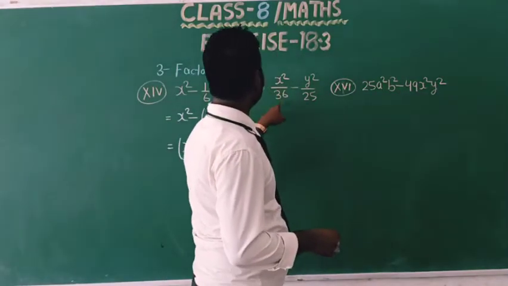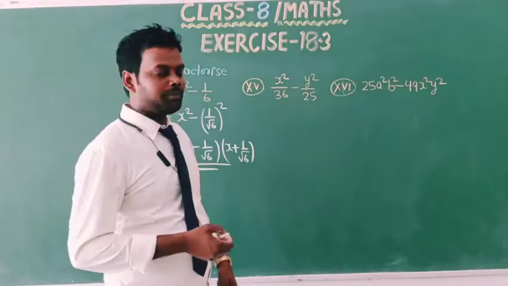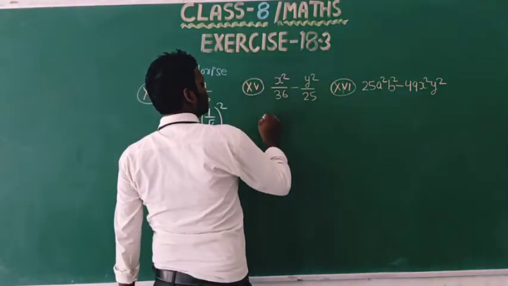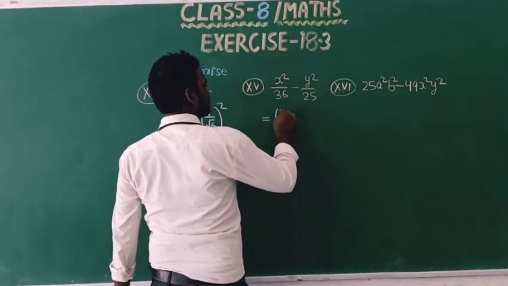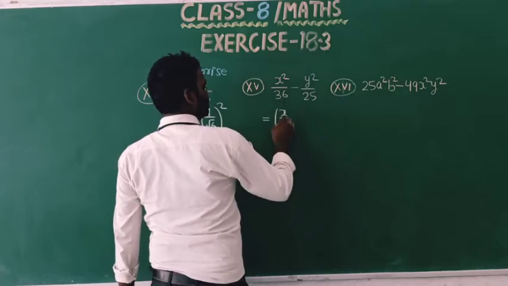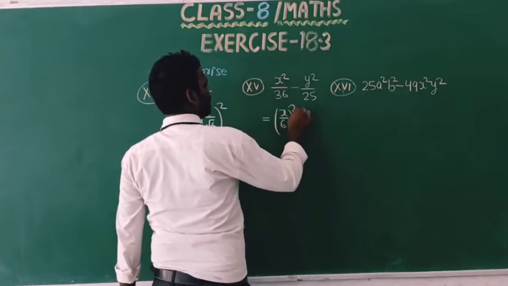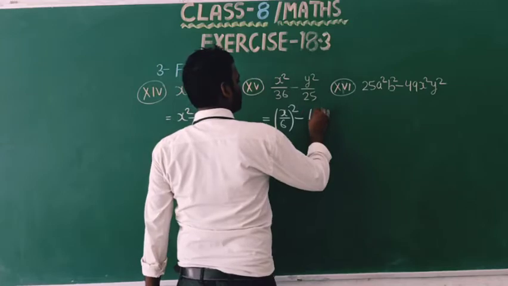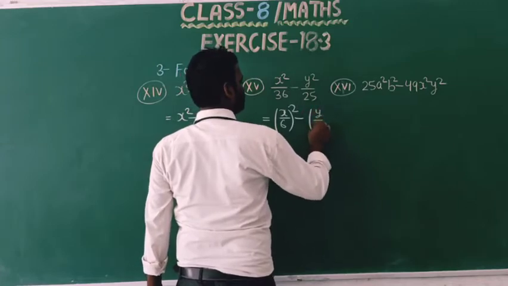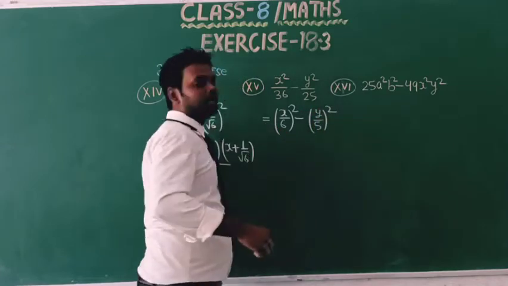The 15th part is x square upon 36 minus y square upon 25. This is written as x by 6 whole square minus y by 5 whole square.